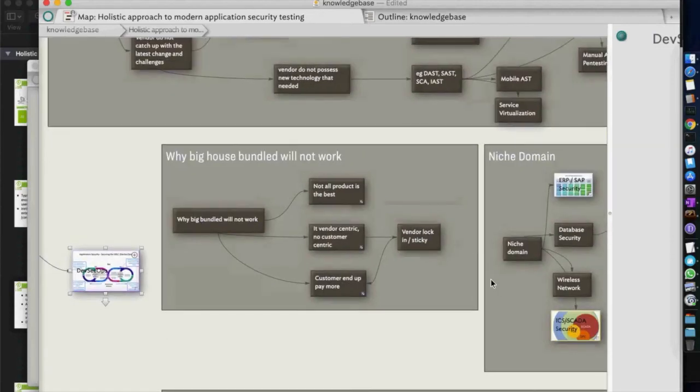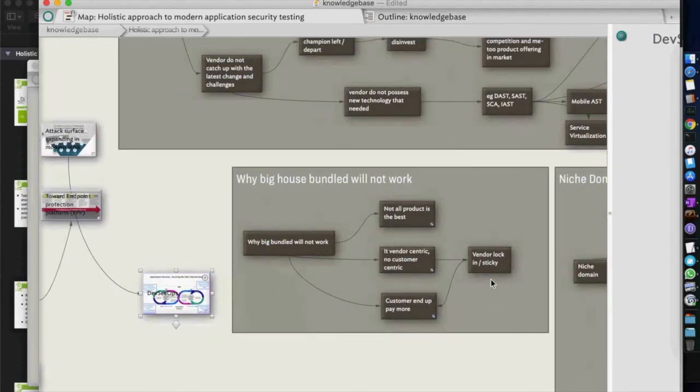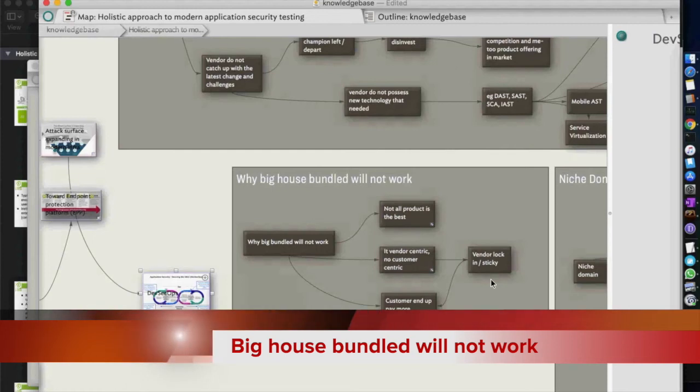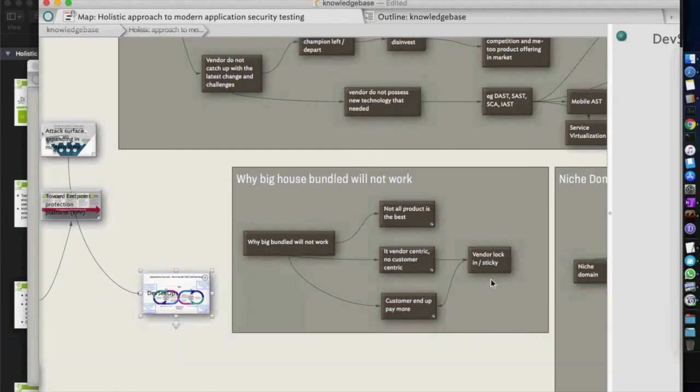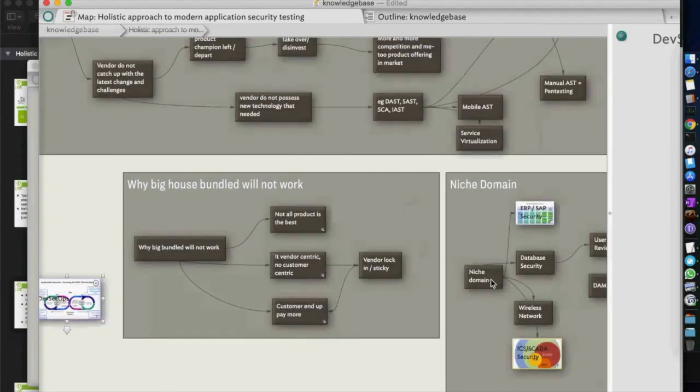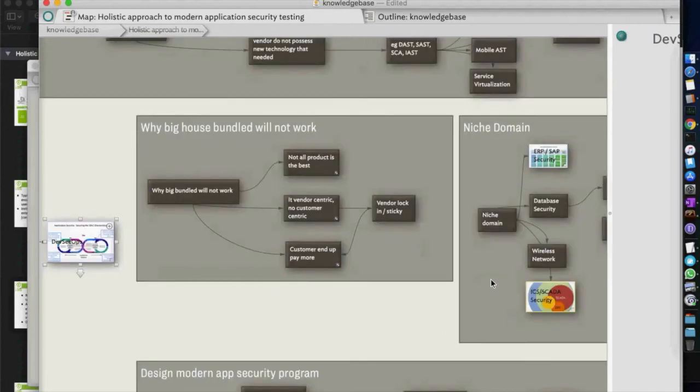The big house bundle will not work. Why so? Because in the first place, those big houses were trying to bundle all of their tools for you, but as you know, not all their products are the best in class.